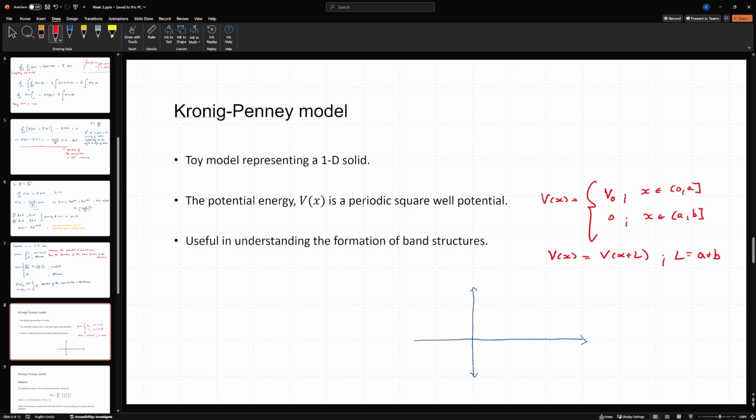And the potential profile is going to look something like this. Then it is going to be 0. Once again, over here it will continue rising, and then again it will drop to 0, and then it will go on again.